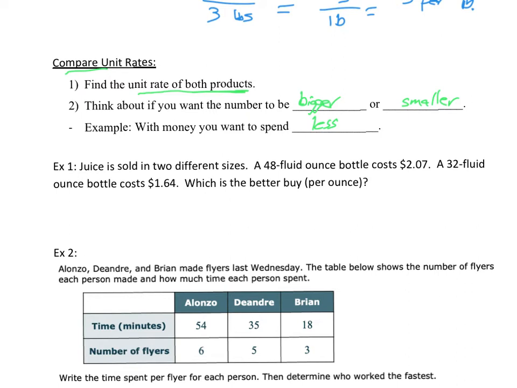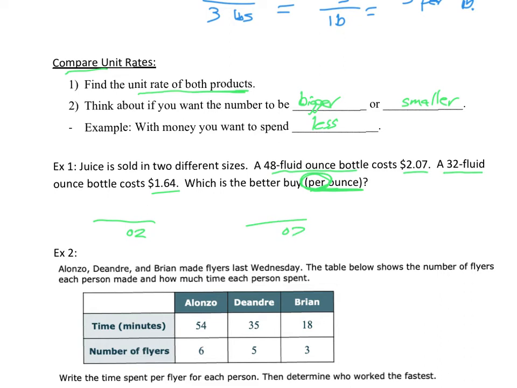Okay, so let's look at this in action. Juice is sold in 2 different sizes. There's a 48 fluid ounce bottle that costs $2.07. There's a 32 fluid ounce bottle that costs $1.64. What's the better buy? So which costs less per ounce? There's that per. Circle your per. Then we're going to put ounce as our denominator.